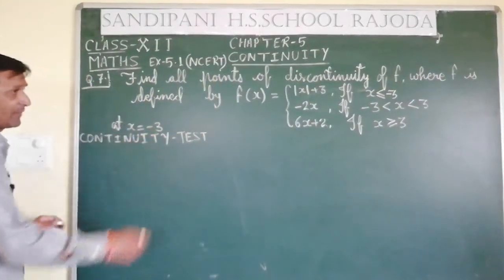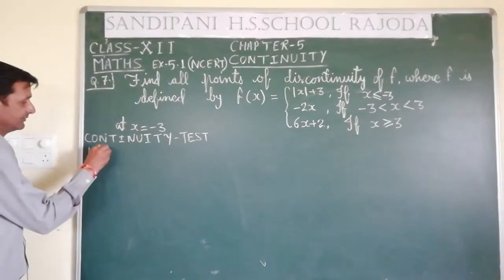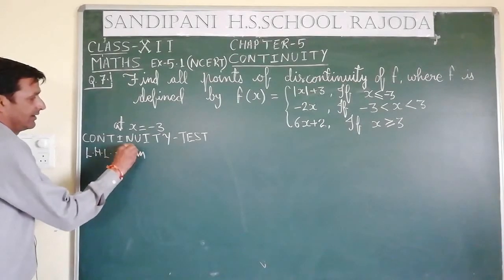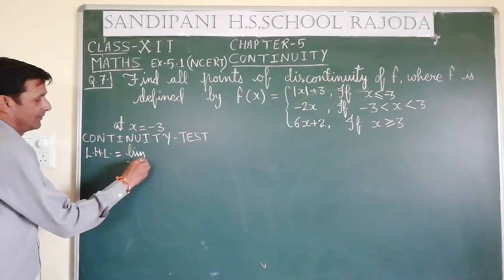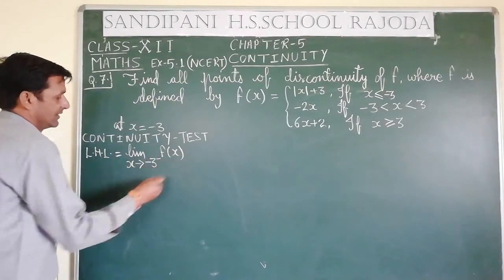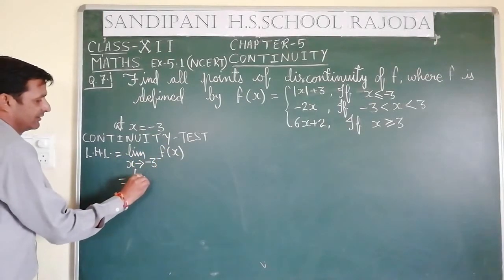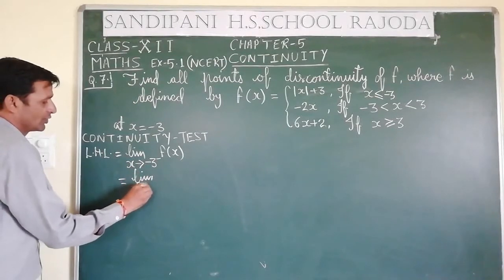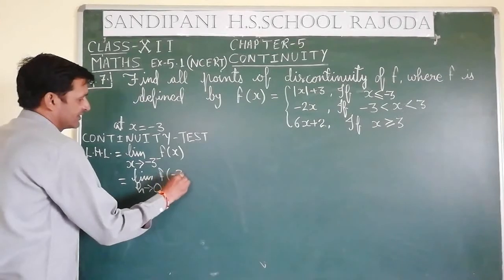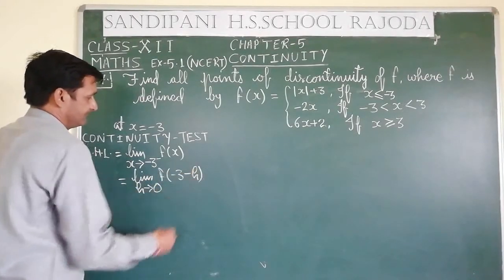So at x is equal to minus 3, we are discussing first of all the LHL, the left hand limit, that is equal to limit x tends to minus 3 minus f of x, that is equal to limit h tends to 0 of f of minus 3 minus h.